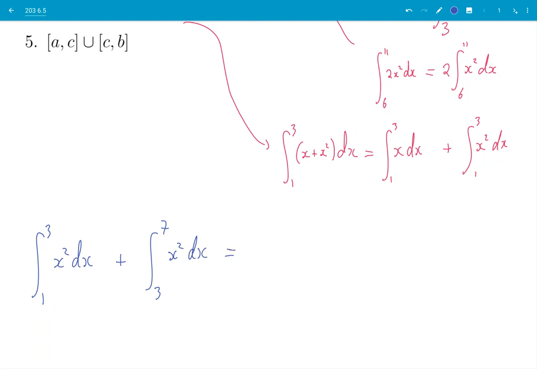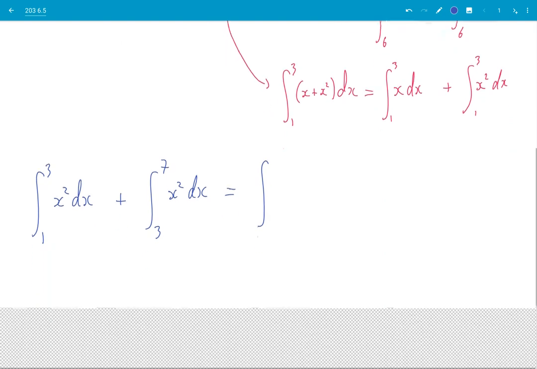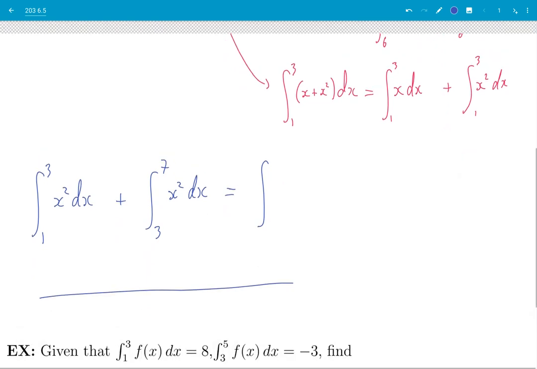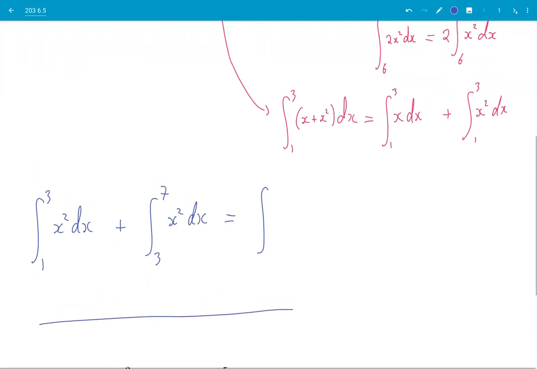You can, if you wish, add these. So if you think about it on a number line, you have 1 here, 2, 3 here, 4, 5, 6, 7. So the first integral goes from 1 to 3.